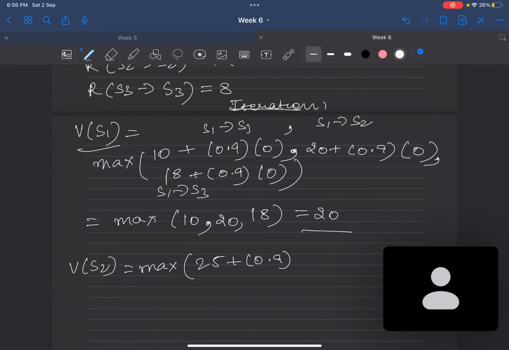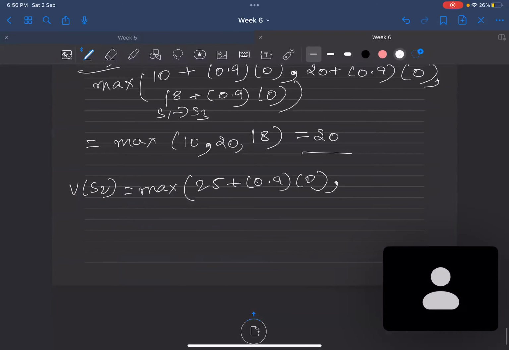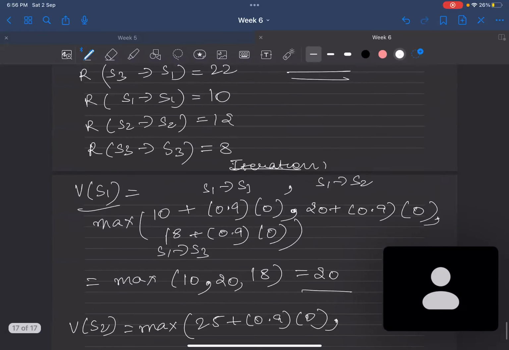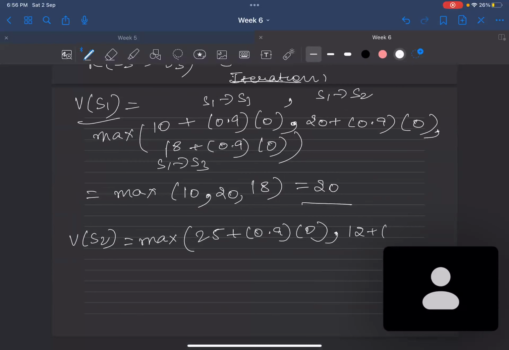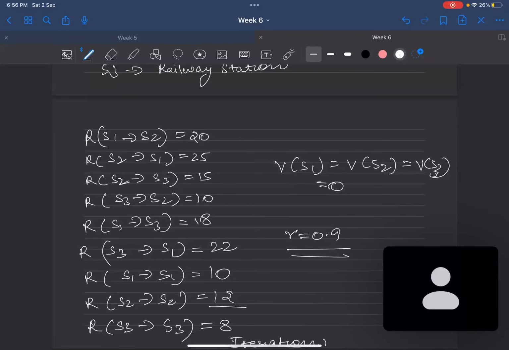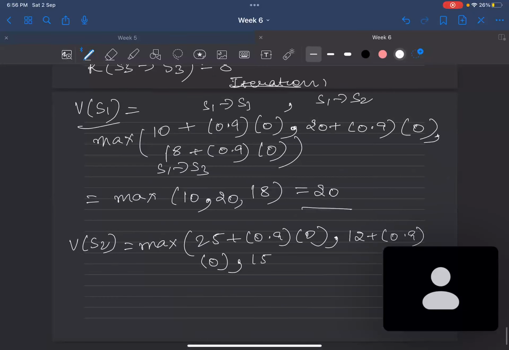No, it's not in place. S2 to S2 is 12 plus 0.9 times 0. Plus S2 to S3 is 15 plus 0.9 times 0. So max of these is 25.